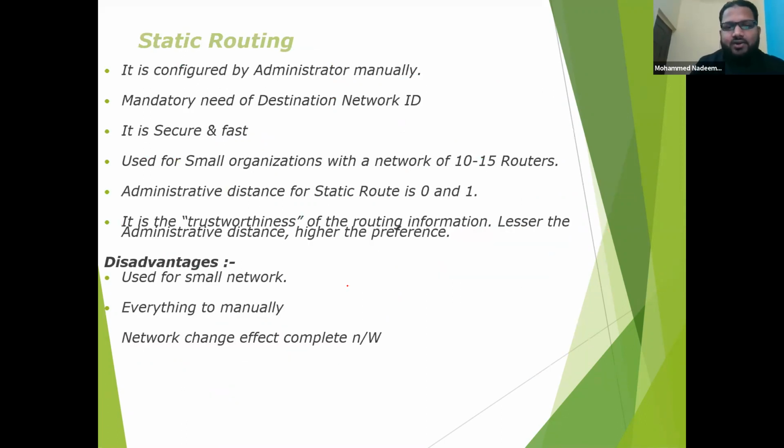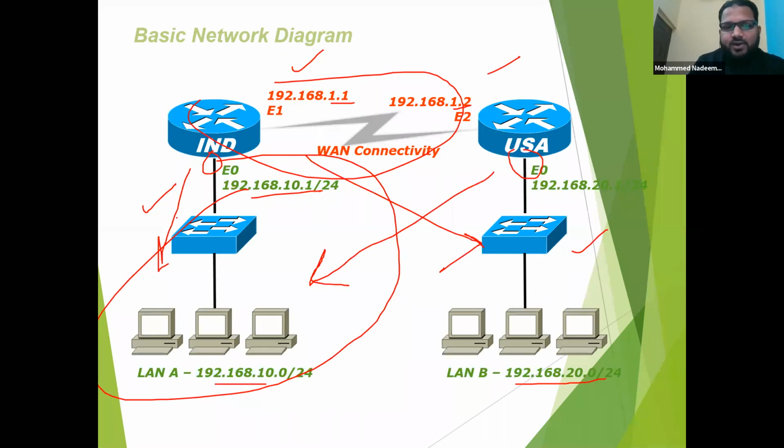Static routing is where everything has to be statically defined. You need to go to the Hyderabad router and say what the missing route is. This network is missing, so go and say ip route, the destination network, destination subnet mask, and the next hop.